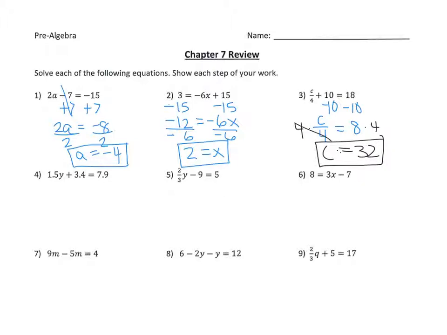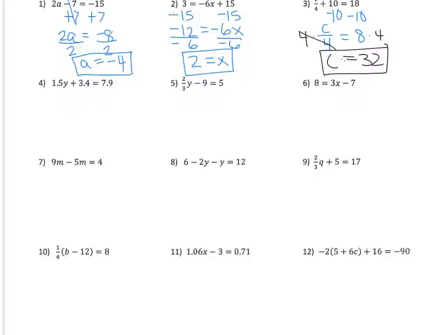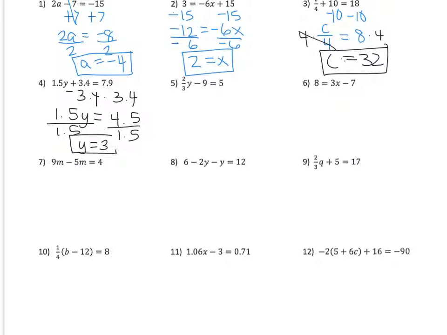And then number 4, the decimals. I'm going to subtract 3.4 from both sides. So 1.5y equals 7.9 minus 3.4, which is 4.5. Divide both sides by 1.5 and you get y equals 3.